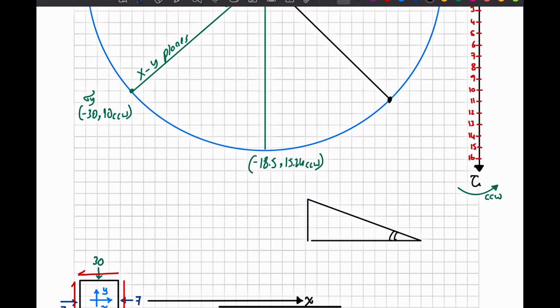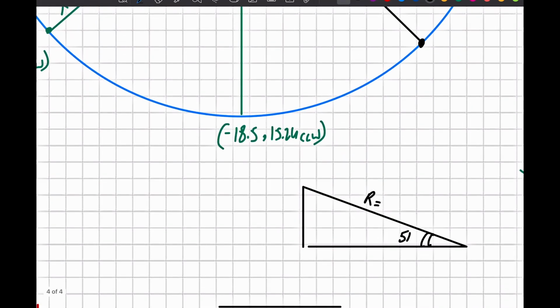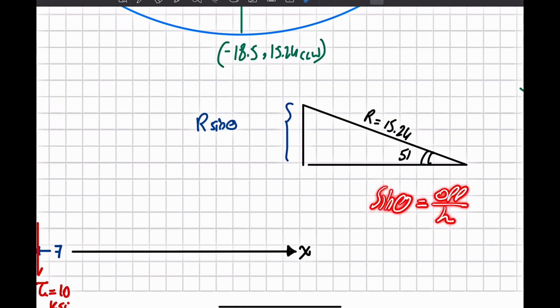We know the angle here is 51 degrees. We know the radius, which is from the center to that point, is equal to 15.24. If I want to find this dimension, I'm going to say radius sine theta, because sine theta is equal to opposite over hypotenuse.